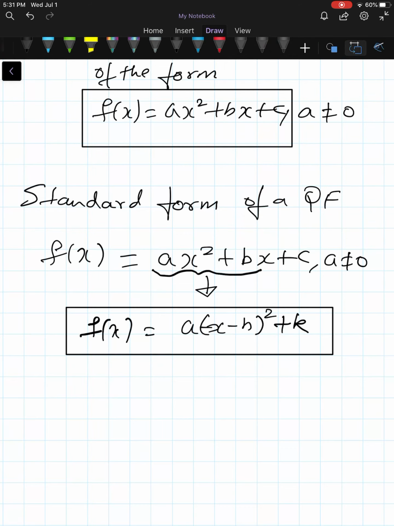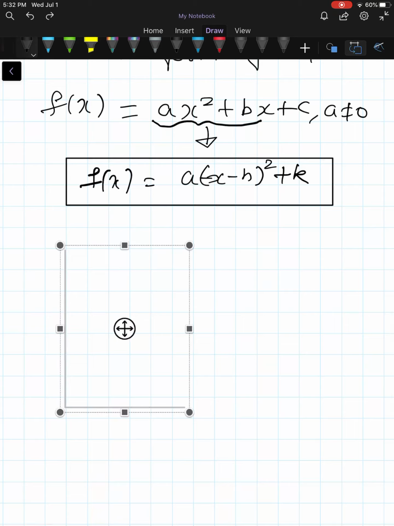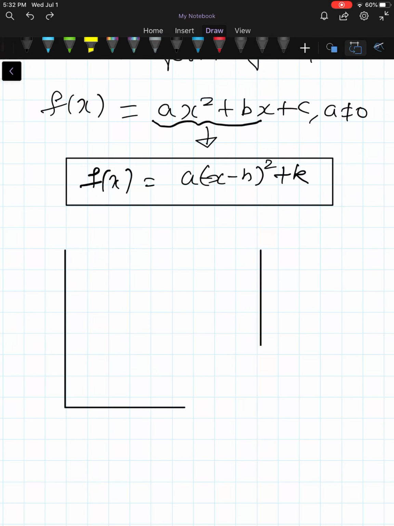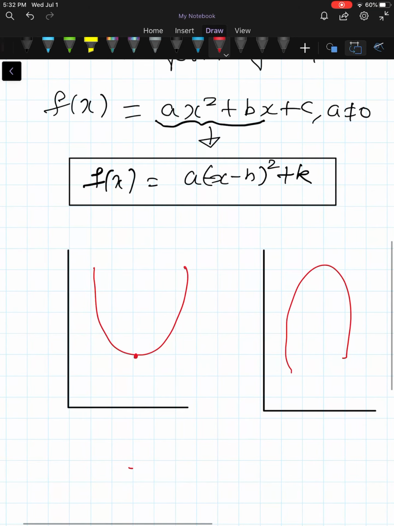If you have graphs like this, where you have a parabola like this and this, both are parabolas, you have a minimum point and a maximum point at this particular point on the curve.